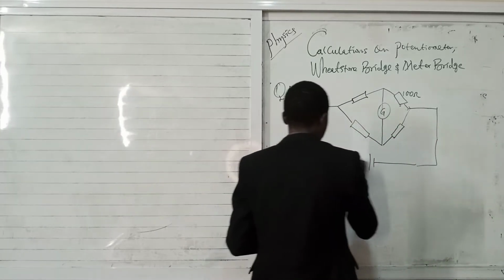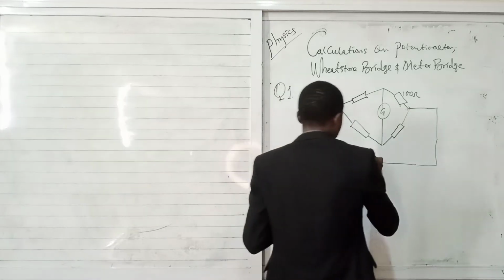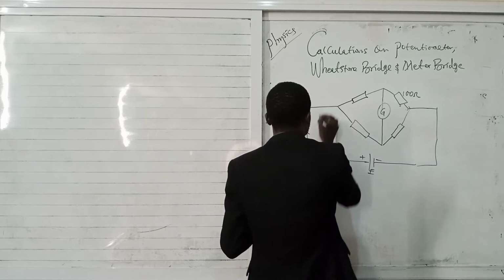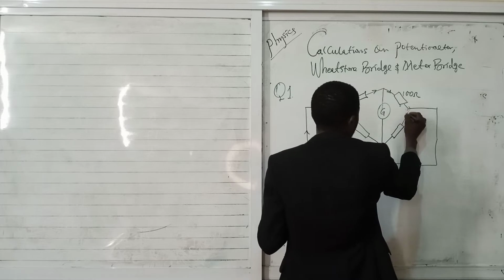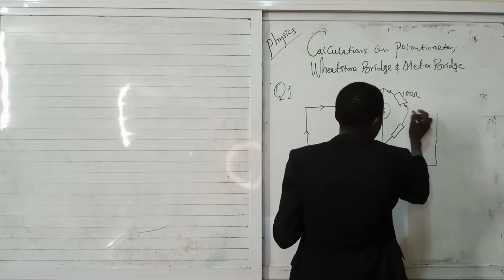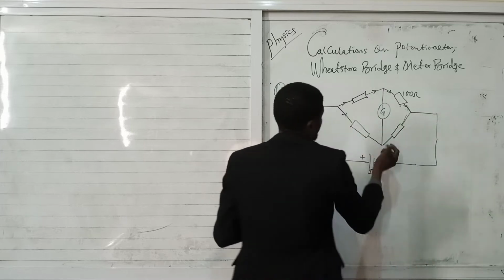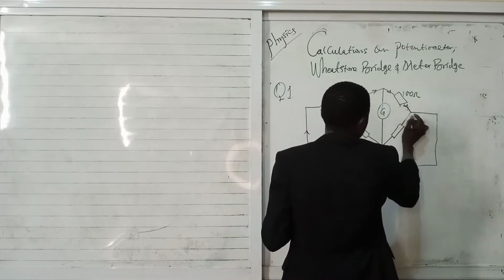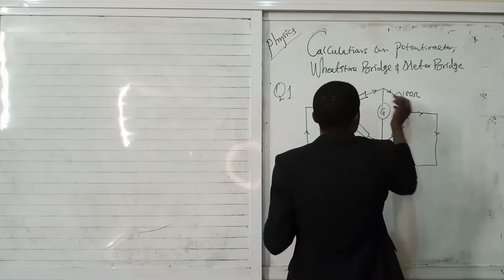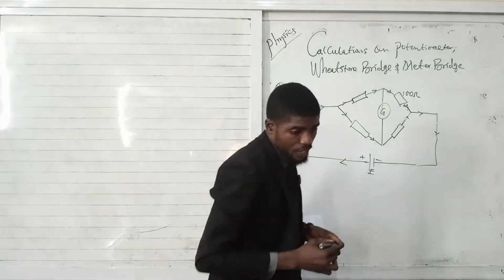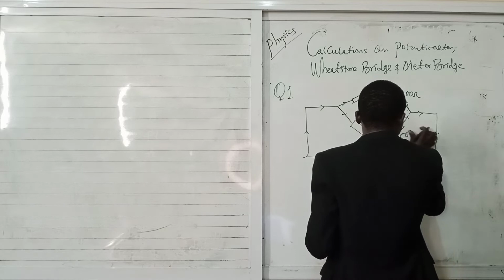So this is the diagram. The positive and negative terminals are here, and the current will flow through here and back again. Here is 150 ohm.